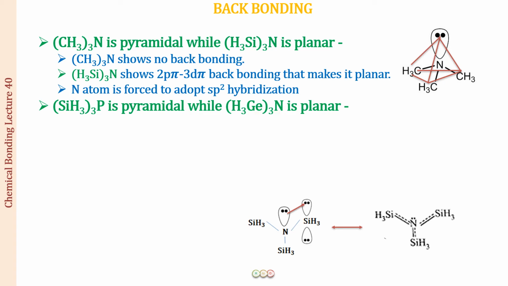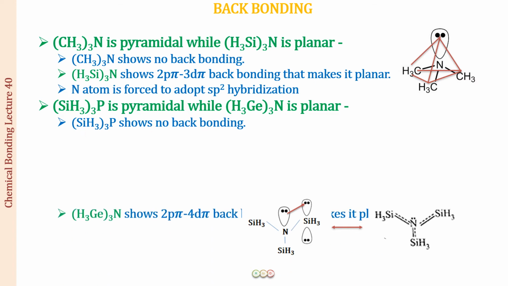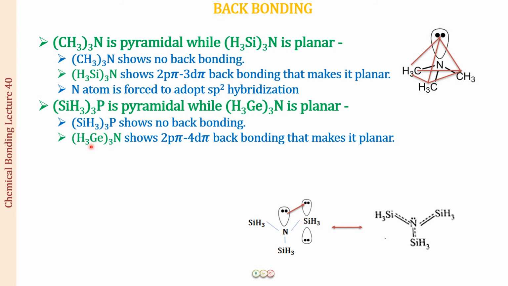So again, if you look at these molecules, what you will be finding is that phosphorus is a third period element, silicon is a third period element. There is going to be no back bonding between them, alright. And if you look at germanium and nitrogen, nitrogen is a second period element, germanium is a fourth period element.